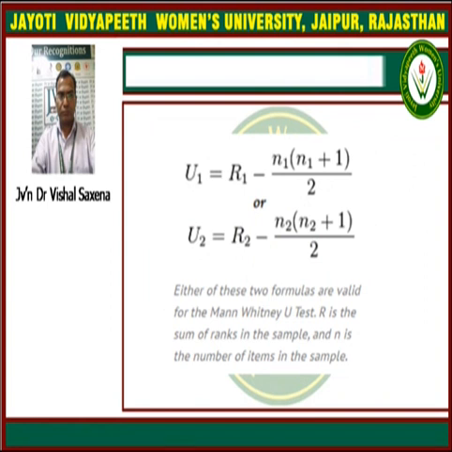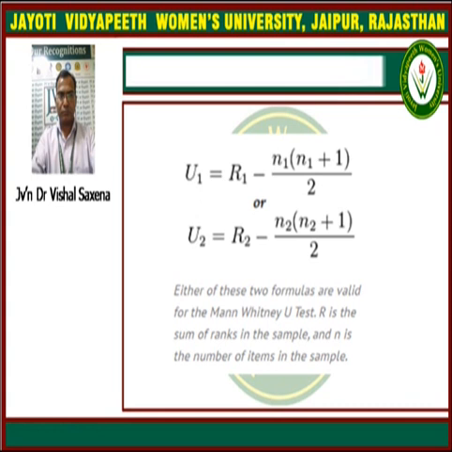In this test, U1 and U2 are given by U1 = R1 − n1(n1 + 1)/2, and U2 is given by U2 = R2 − n2(n2 + 1)/2. So these are the values of U1 and U2.